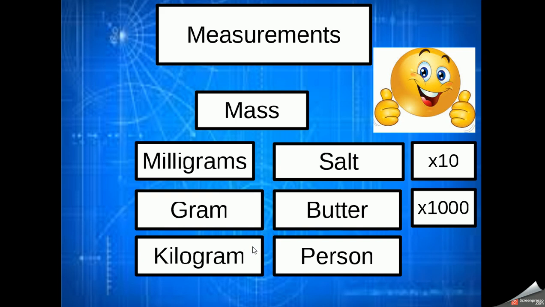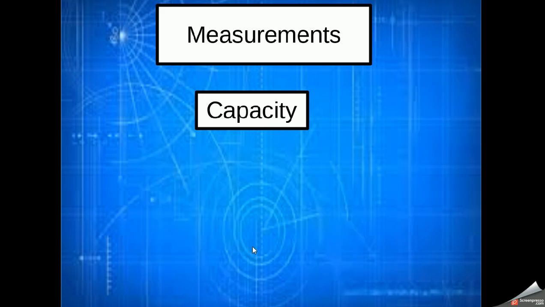The old system, which is gradually going out of use, is stone. That's the imperial system. Now it's slowly being replaced by kilograms. People, the weight of a table, the weight of an animal, all would be measured in kilograms. And remember, because kilo is 1,000, there are 1,000 grams to a kilogram. On to capacity.